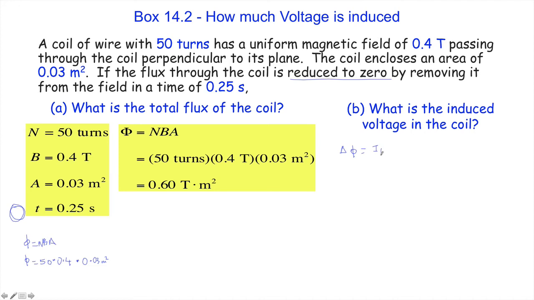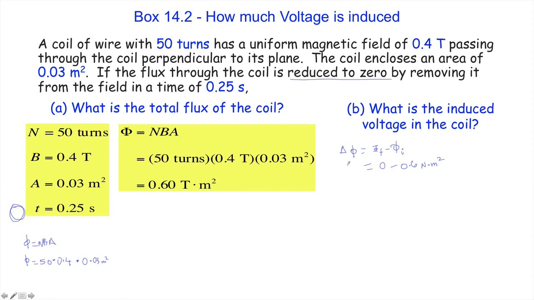Delta phi is phi final minus phi initial. Just symbols, nothing else. You already found the initial, and you've been told the final is 0, so minus the initial, that much, 0.6 Tesla meter squared. It doesn't have any special name for the flux.